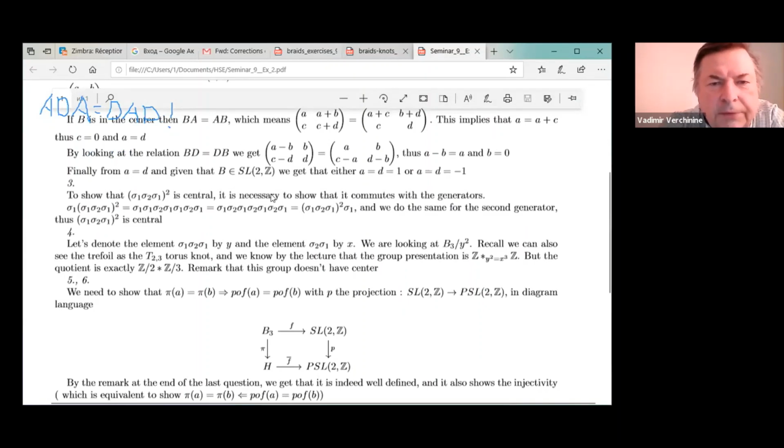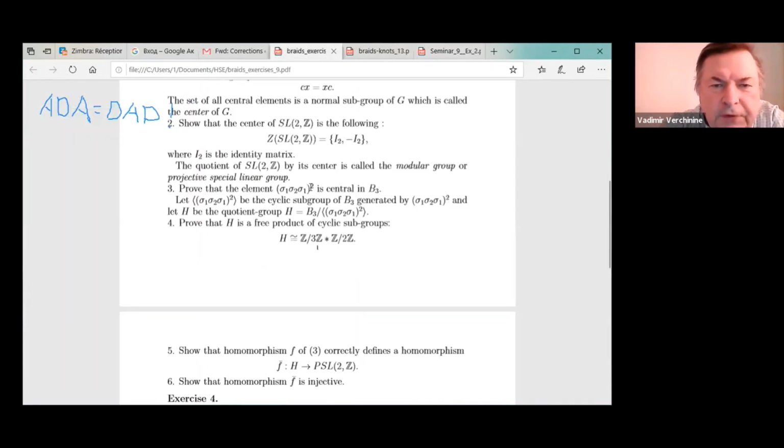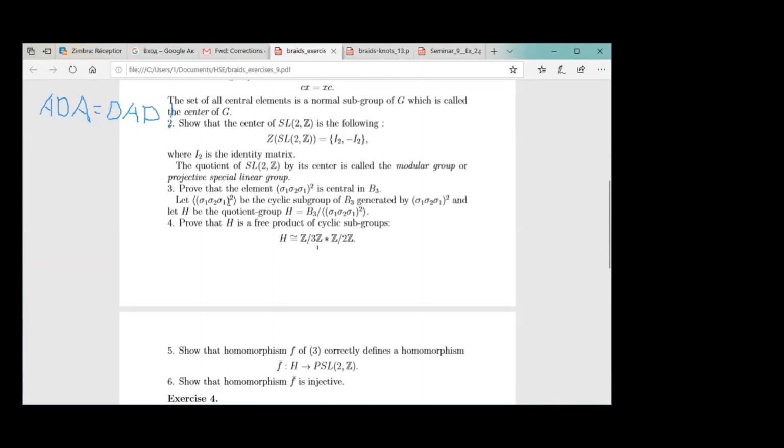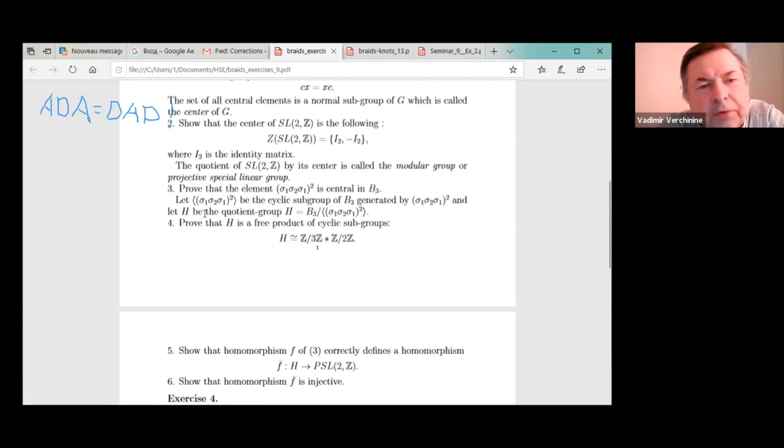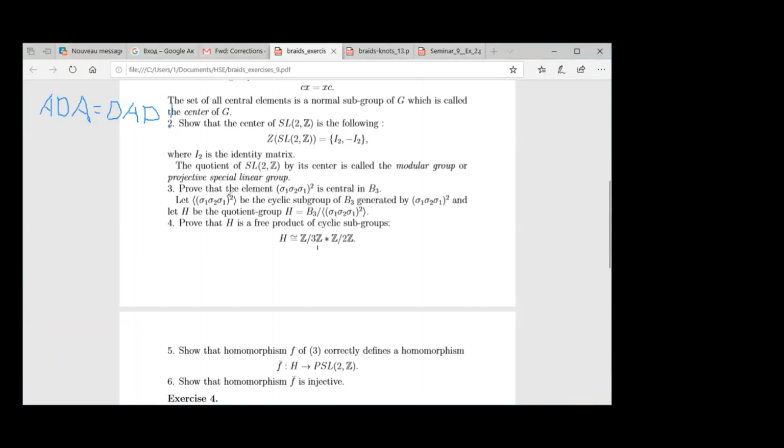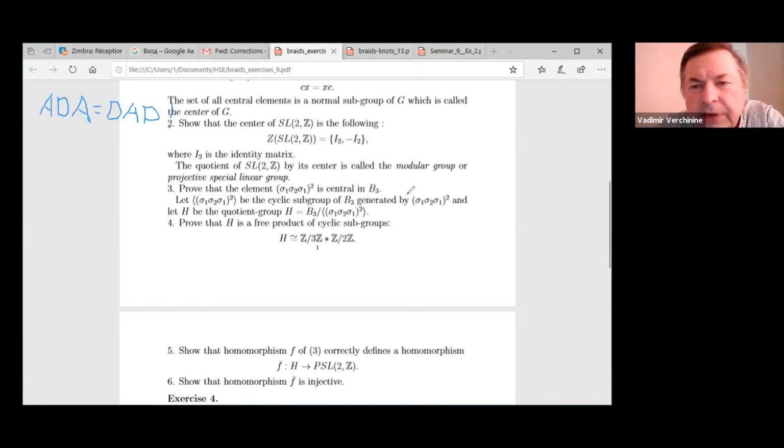And sorry, but if you see that these guys are braids, there is a beautiful fact that this is in the braid group, and for the braid group we shall consider what it means geometrically. So there is a geometrical proof why this element is central.